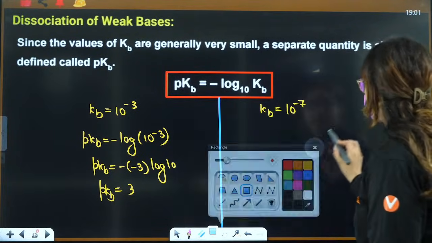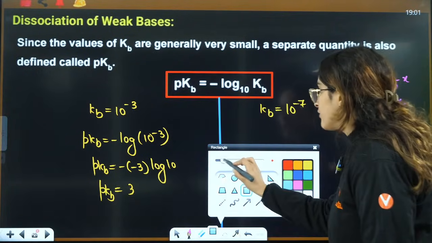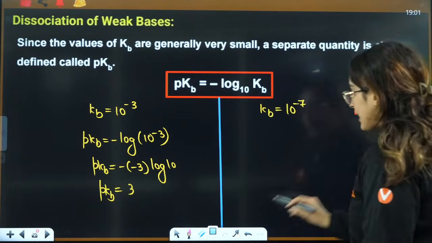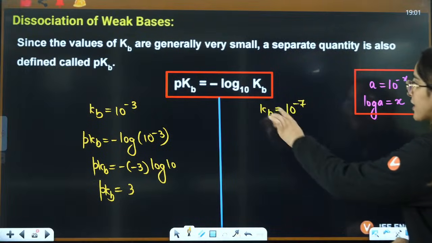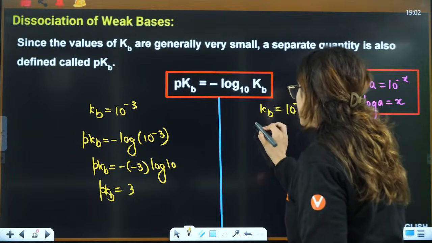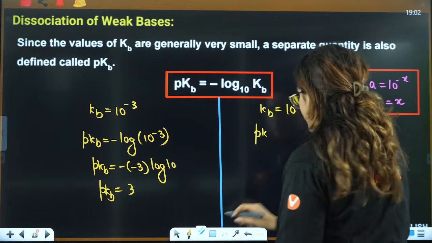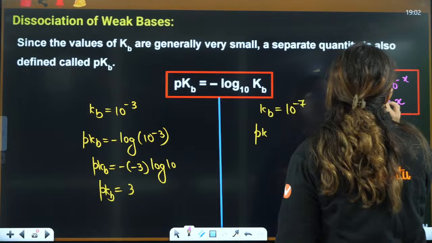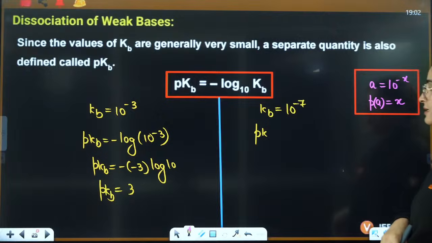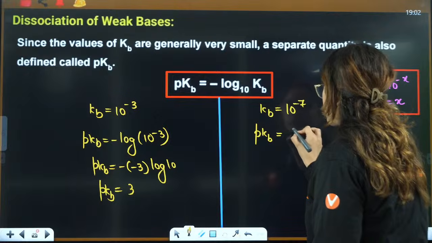You should directly be able to see that if they have given the value of Kb, then I can easily say what is the value of pKb, right? So applying this here, if Kb is 10 raised to power minus 7, then pKb is just this 7.